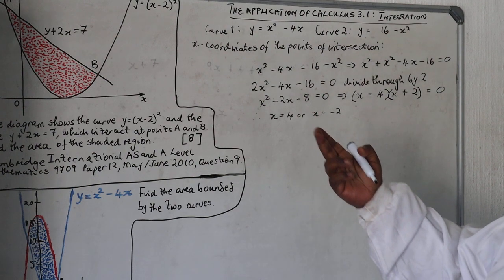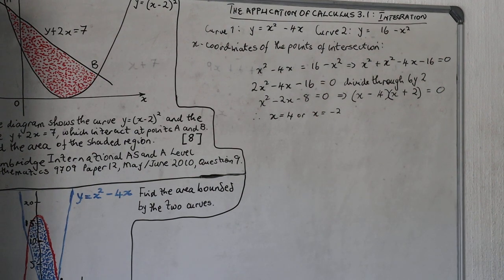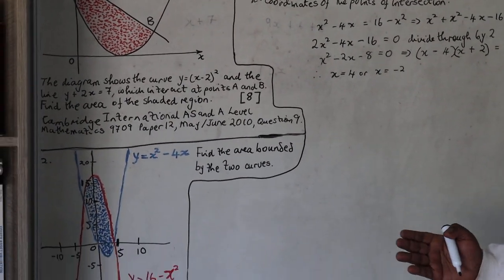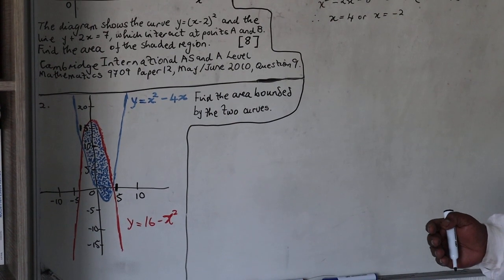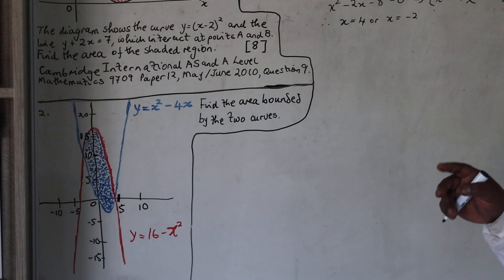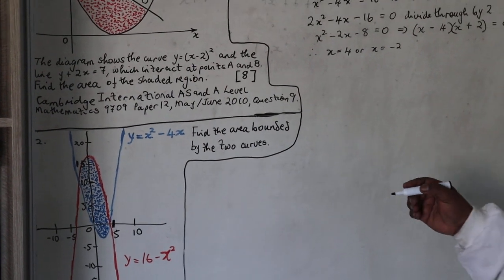And like we said from the first example, the upper curve gives us the upper limit of the area that we are calculating, and the lower curve gives us the lower limit of the area that we are calculating. So we subtract the lower curve from the upper curve.